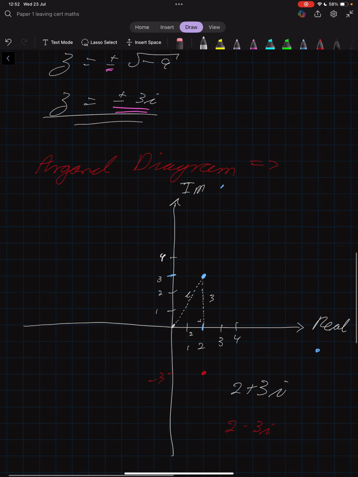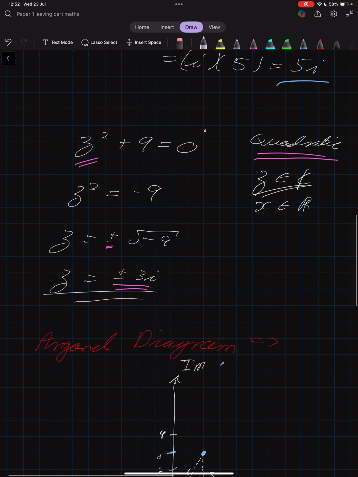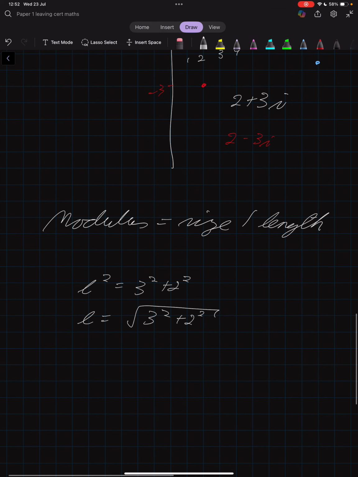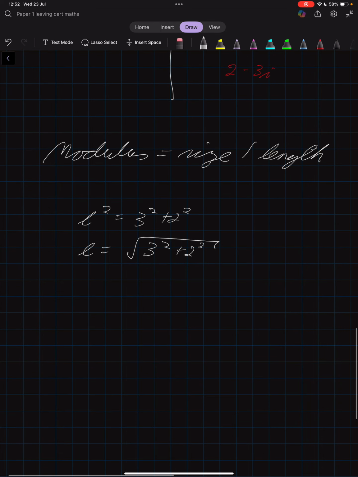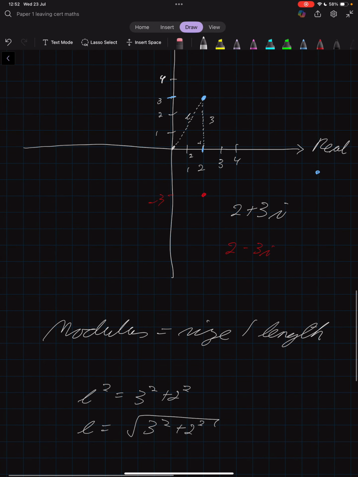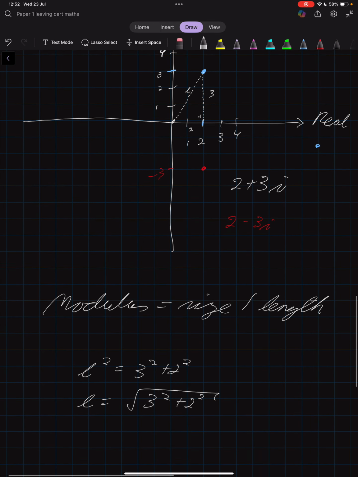And just to be clear, when I took square roots before, I had a plus and minus. Here I don't. Why? Because it's the length. Length can only be positive. Technically there is a plus and minus, but I'm not going to take the minus because I'm looking for length. So it's just Pythagoras. That's all it is.